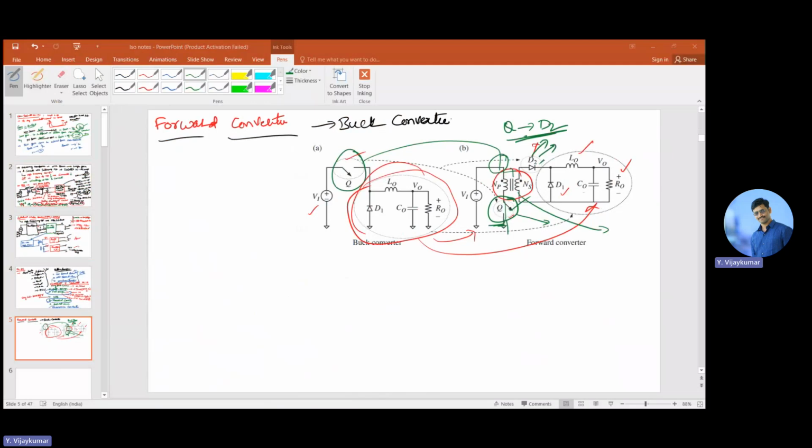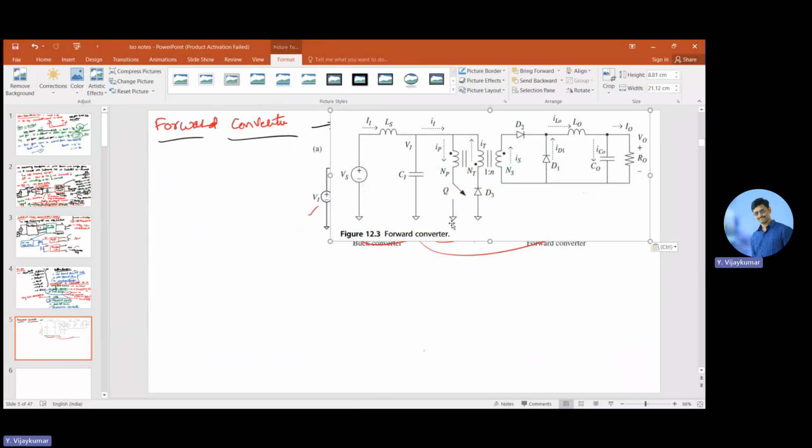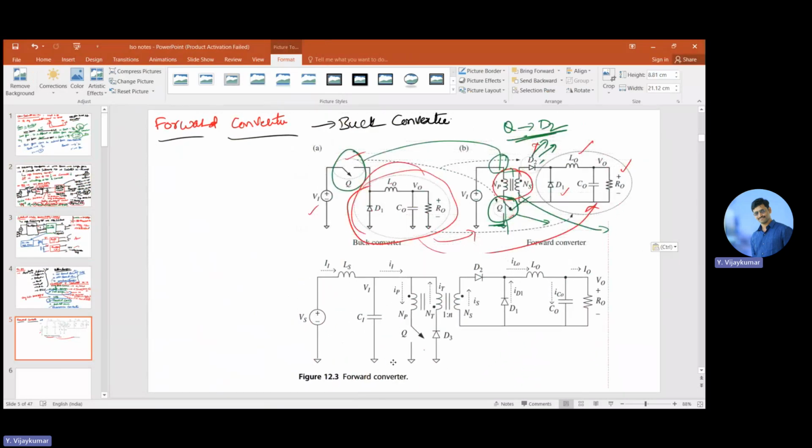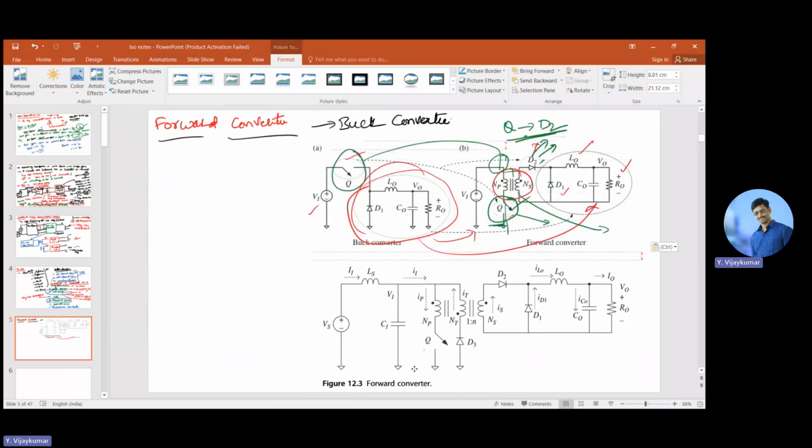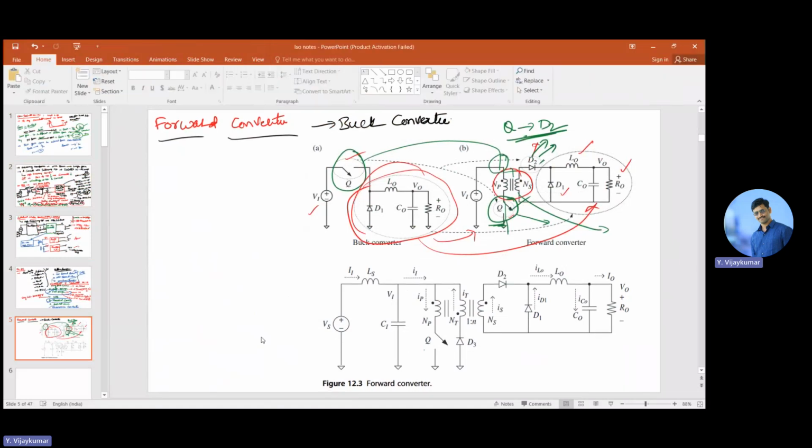That extra winding is going to magnetize the primary winding, and once the primary winding is magnetized, the transformer works under the mutual induction principle.